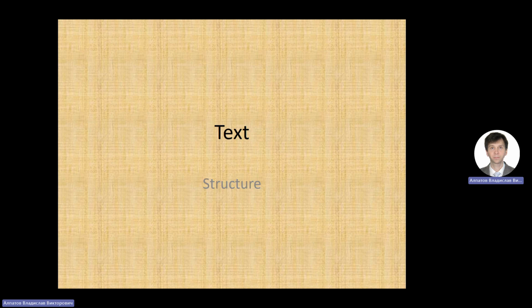In any case, there is an area of linguistics which may be called the linguistics of text, textual linguistics. And this contains some useful observations about the structure of text, about types of text.